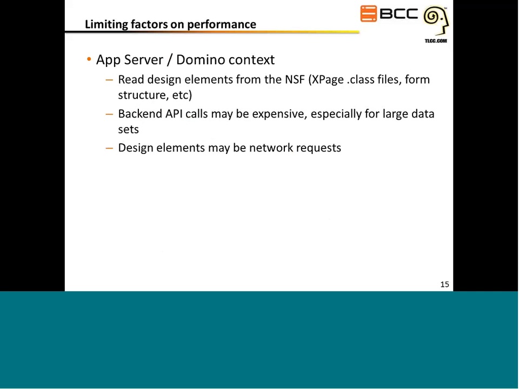Also the design elements have to be transferred from the server to the browser. Maybe a lot of network requests, and this should be limited to have a good user experience, to have a fast application.